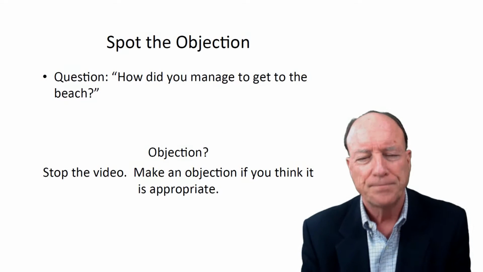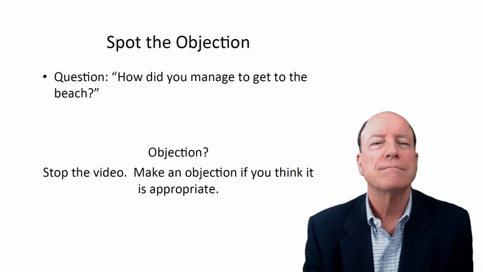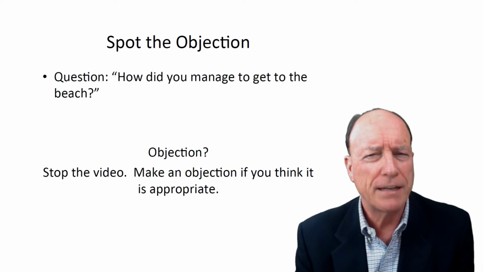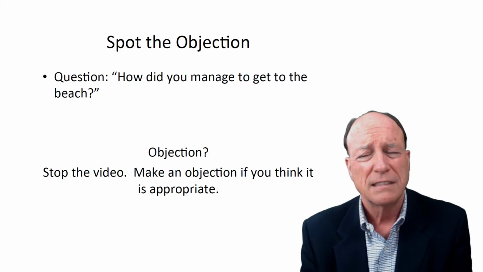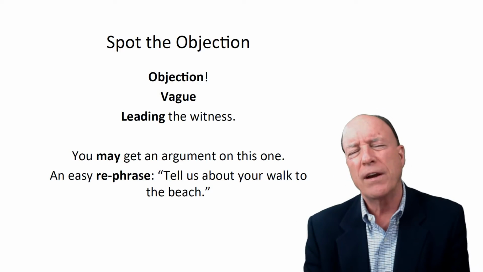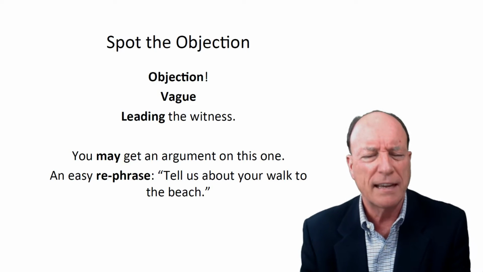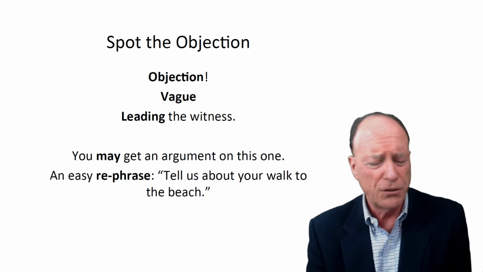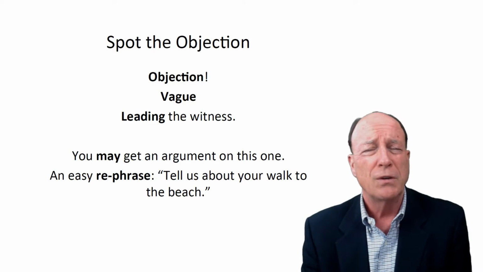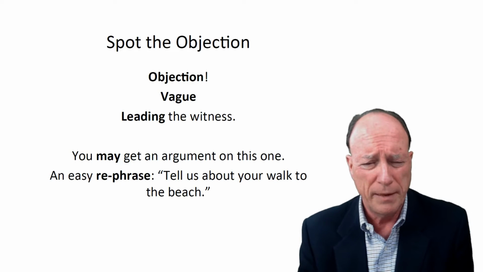Here's your next question. How did you manage to get to the beach? I'll repeat it. How did you manage to get to the beach? Objection? Yes. I think this question is vague. I have no idea what manage means in this context and it vaguely leads the witness, to suggest it was difficult to manage to travel to the beach.